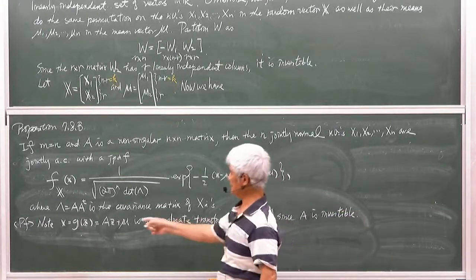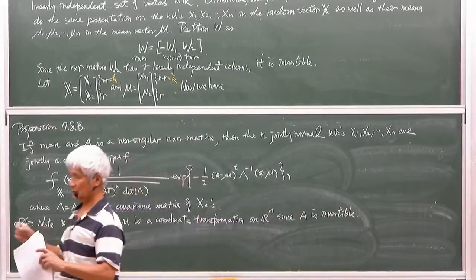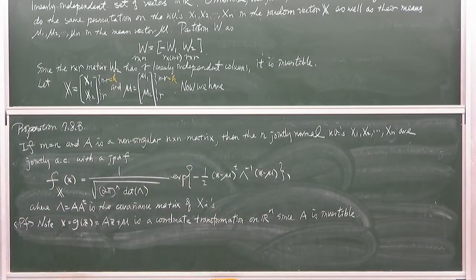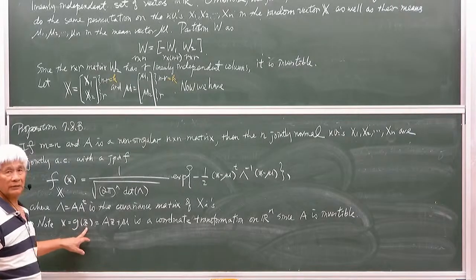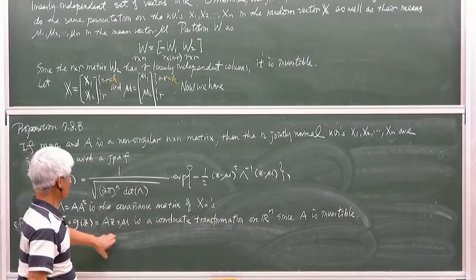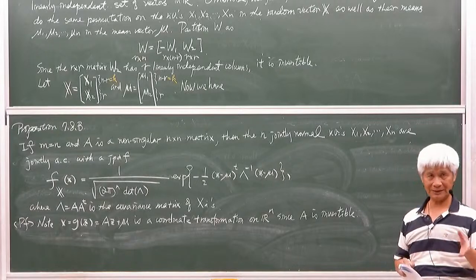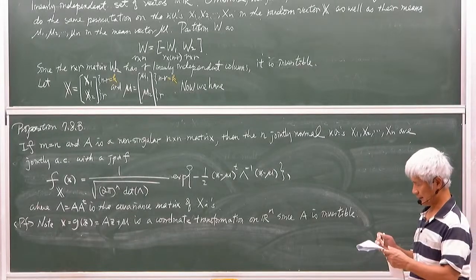Because A is invertible, this mapping G, so G is a vector field, a vector function defined on n-dimensional vectors. So it's a coordinate transformation, as we considered in chapter 6.